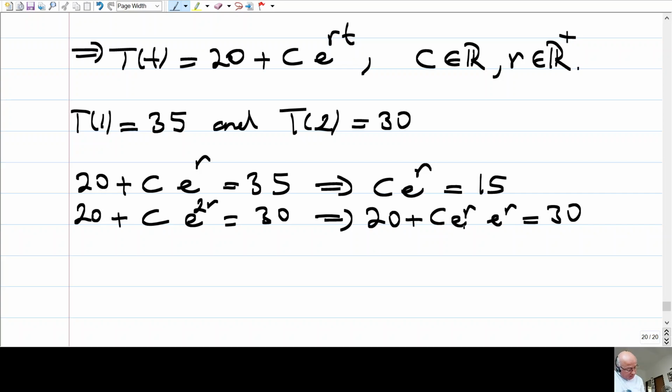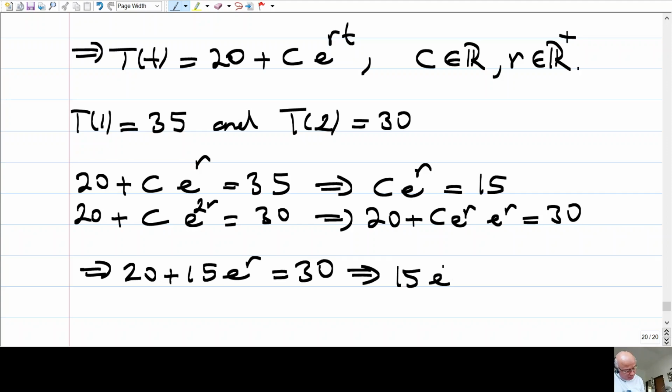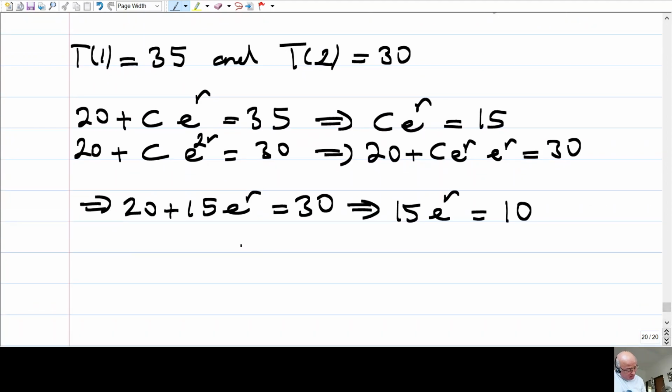So if I plug 15 here, we get 20 plus 15 e to the power r is 30. And from this we get 15 e to the power r is 10, and e to the power r is just 10 over 15, so it is just 2 over 3, and r is just logarithm 2 over 3.